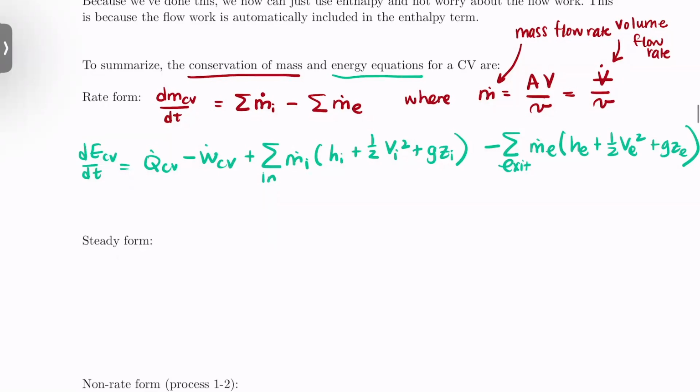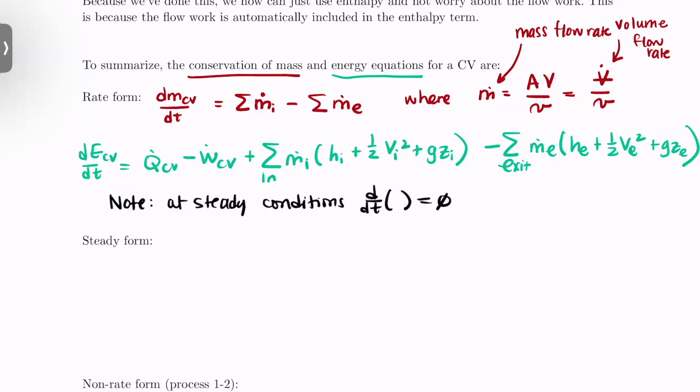Okay. As a note, at steady conditions, d/dt terms go to 0. This is essentially the rate form version of the equations that you would get on an equation sheet. This is what you should put on a cheat sheet, or what you should refer to when doing problems like this, okay?